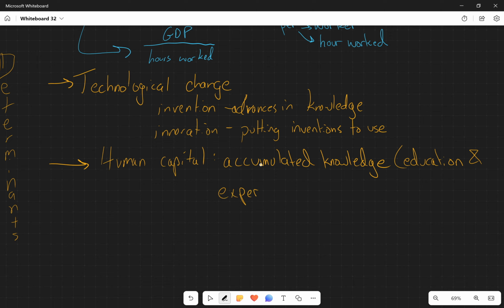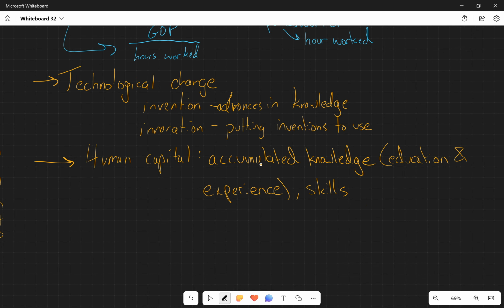That's why we highly recommend that you do internships. It's not just about know-how, it's also about how-to, right? It is the knowledge and skills that you learn, both in education and experience, and the expertise. And when we talk macroeconomics and we talk about the economy writ large, we're talking about the average worker possesses.